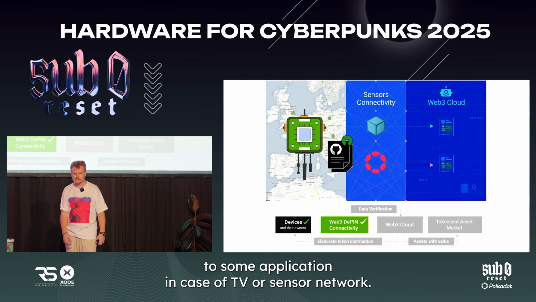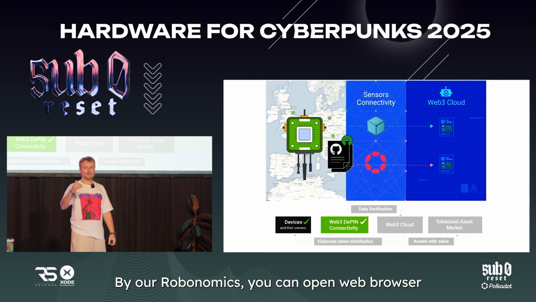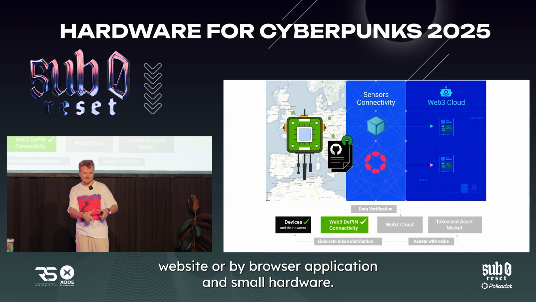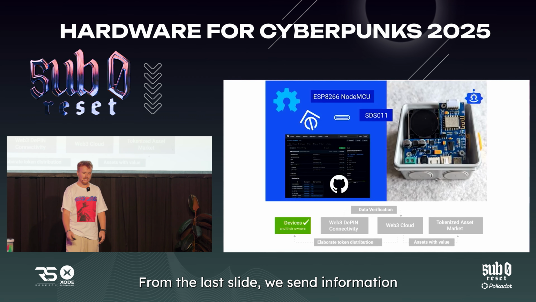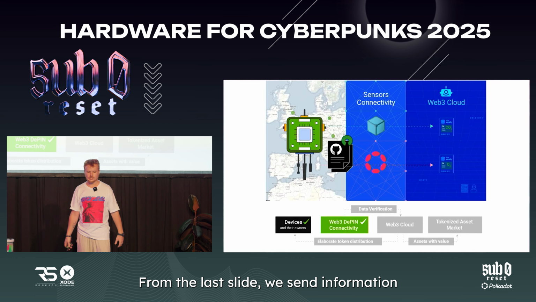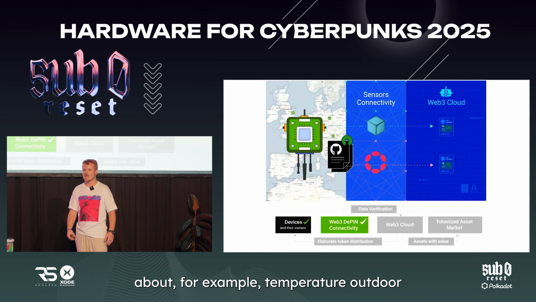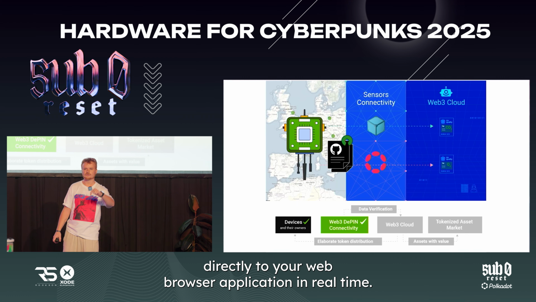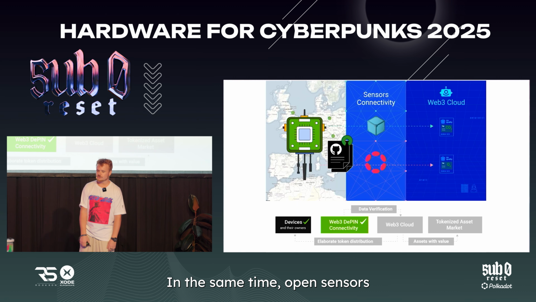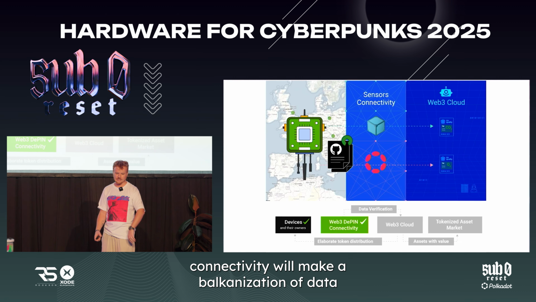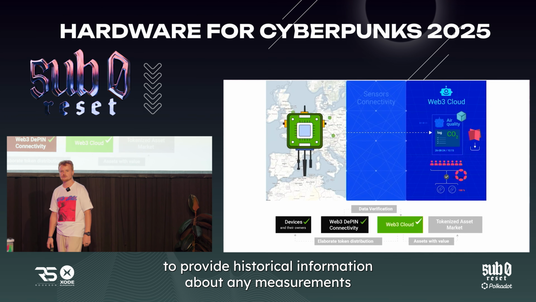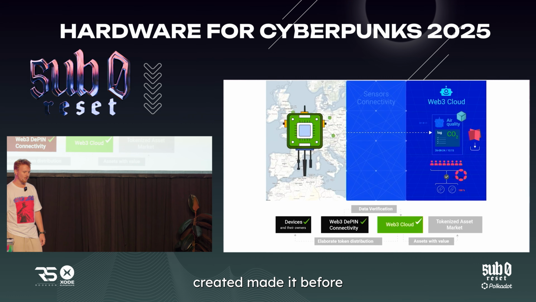In the case of Civil Sensor Network by Robonomics, you can open a website or web browser application and the small hardware from the last slide will send information about, for example, outdoor temperature through the open Robonomics connectivity service directly to your web browser application in real time. At the same time, open sensors connectivity will blockchainize the data to provide historical information about any measurements made before.